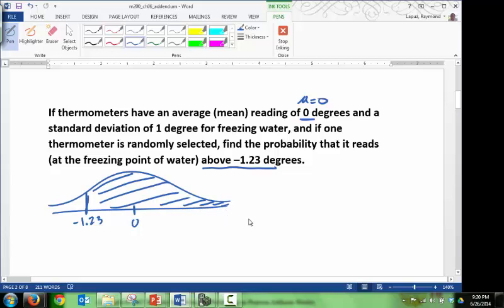Now, one thing I forgot to mention earlier is that the whole area under the curve is equal to 1. I'm shading in from negative 1.23 to everything above. Should my value be less than 1/2 or bigger than 1/2? 1/2 is right here, right?